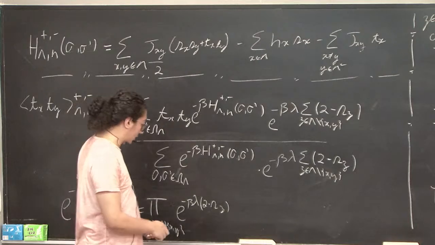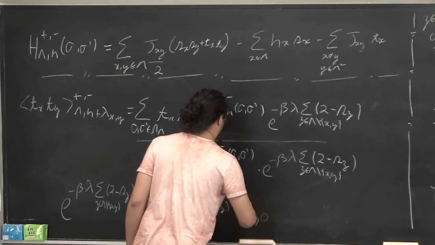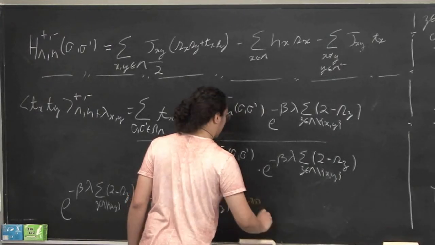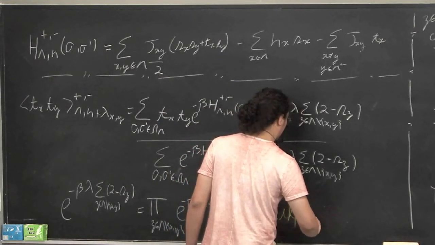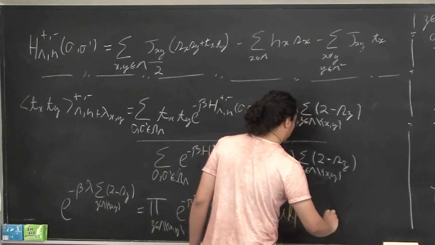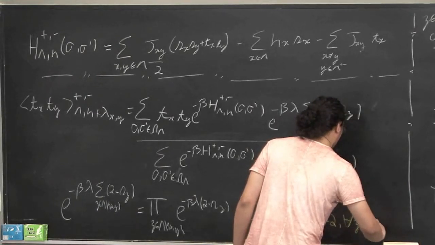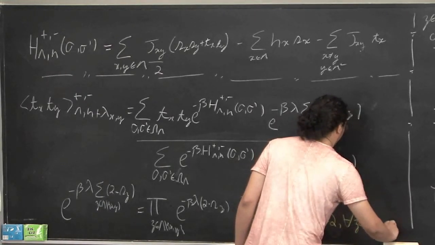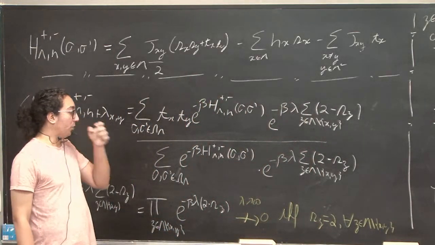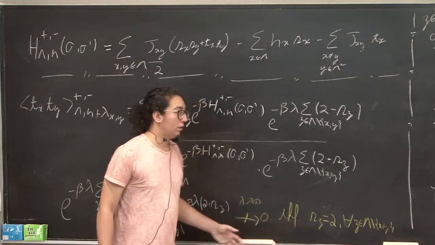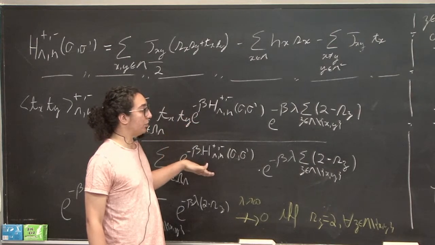So this does not converge to 0 when lambda goes to infinity if and only if s z is equal to 2 for all z in the box that are not x and y. So for all configurations that do not satisfy this, all these terms, both on the numerator and on the denominator, are going to go to 0.